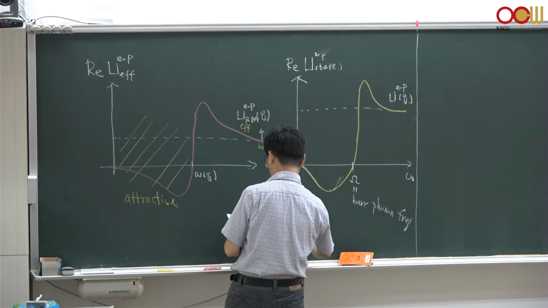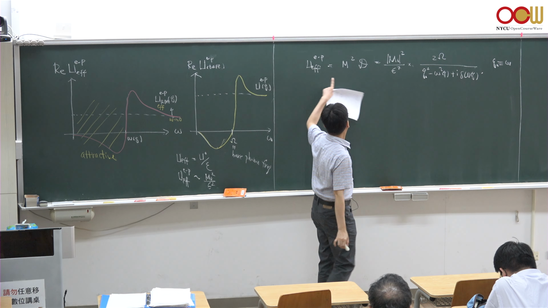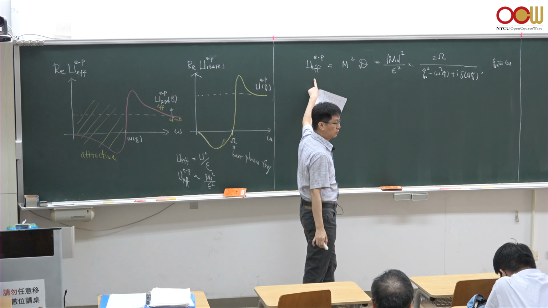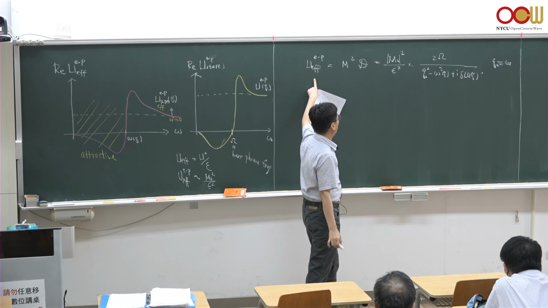Okay, so now let's look at this expression of U effective mediated by electron-phonon, where this Q0 here is really the same as this little omega over there. So this is the full expression of U effective mediated by electron-phonon, and we could re-express the denominator and numerator in such a way that we could recognize this more straightforwardly and more intuitively.